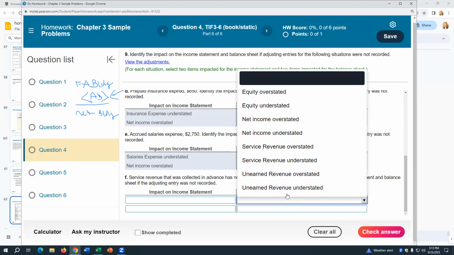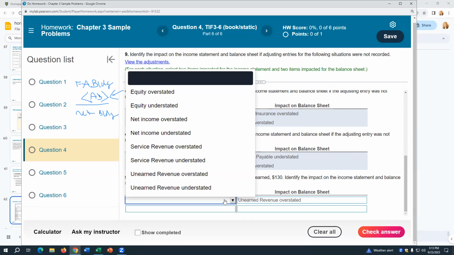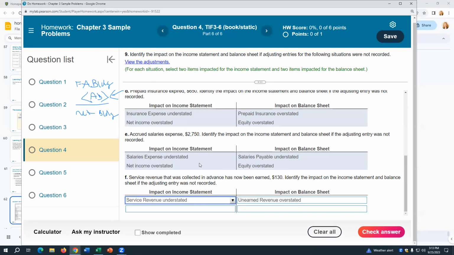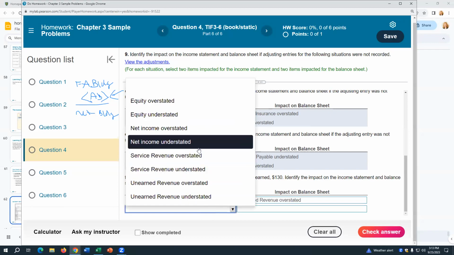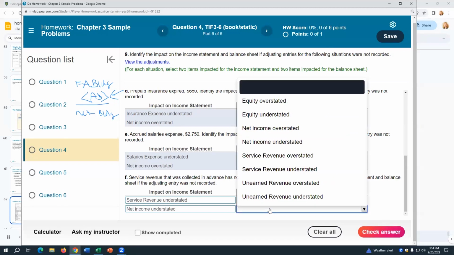Yeah. And then that means that our actual revenue is what? Understated. And then what does that mean for our net income? Understated, yeah. So if we don't record the revenue, then we will understate our net income, and then our equity will therefore also be understated.